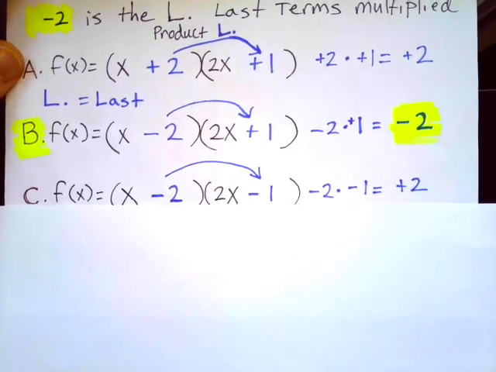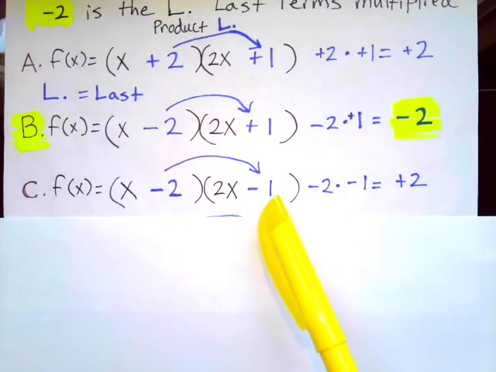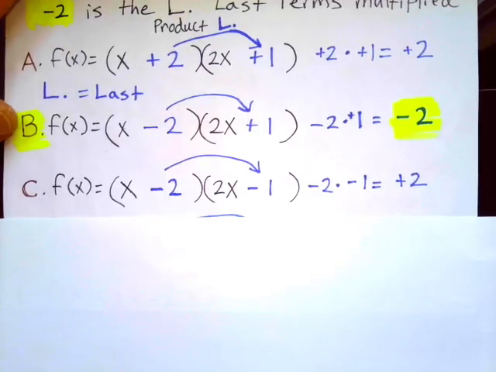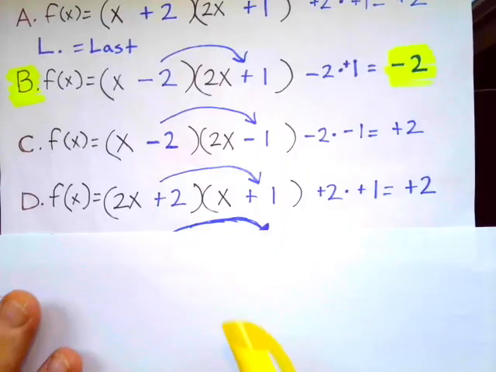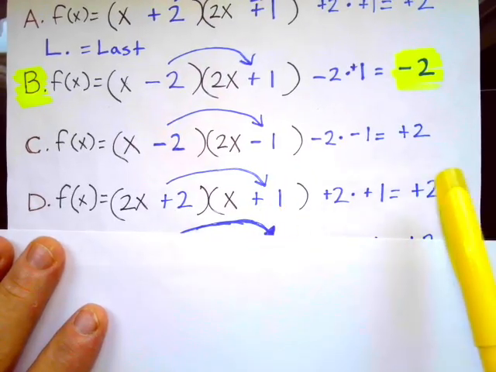All right, let's take a look at C. Negative 2 times a negative 1 is a positive 2. It's not a negative 2, so I'm going to keep going. Option D. Positive 2 times a positive 1 is a positive 2.